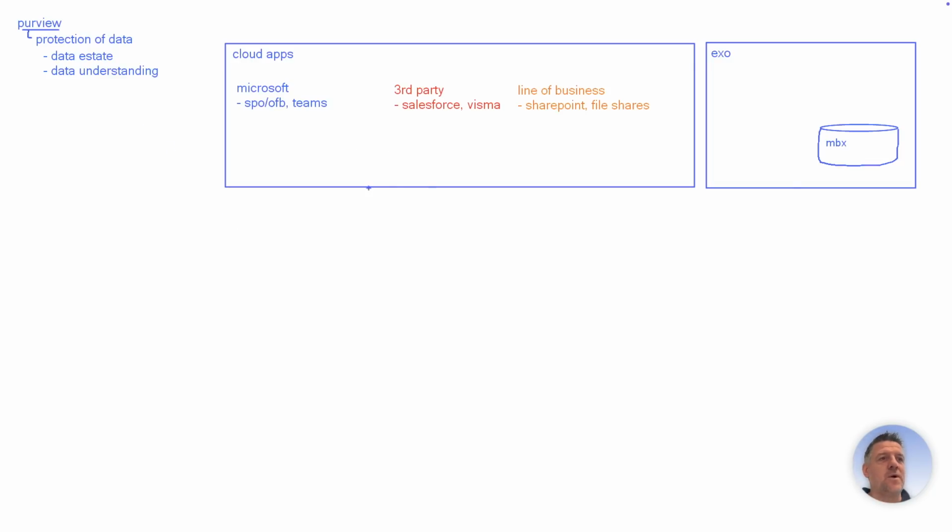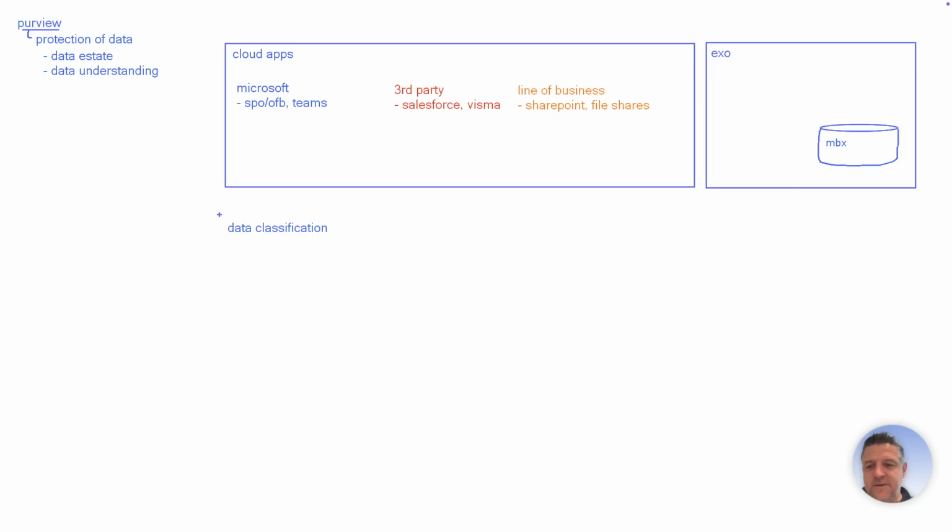Now, if you want to understand your data, then basically Purview is going to classify your data. So we are going to set up data classification. Now, data classification has basically two areas that we need to focus on.